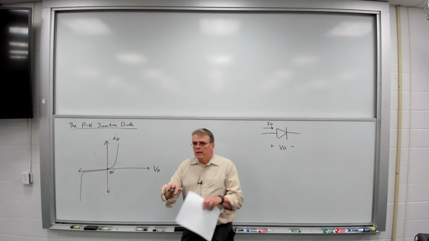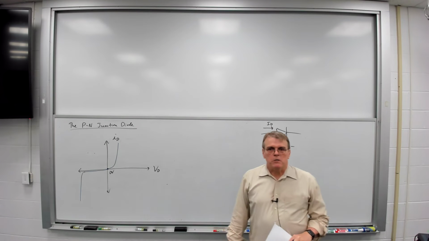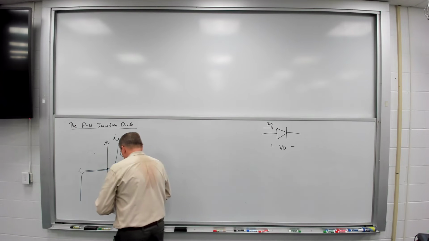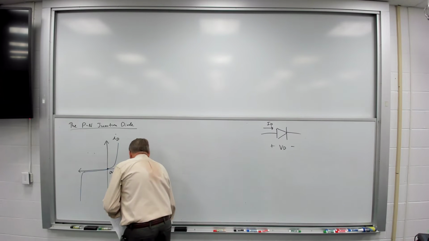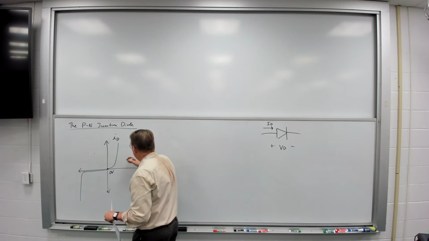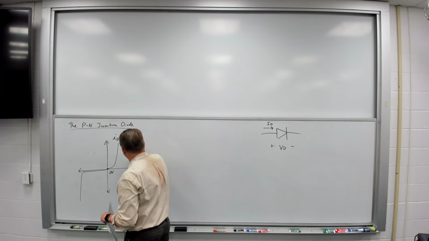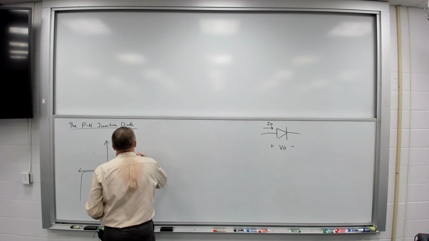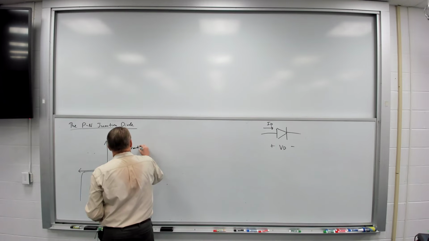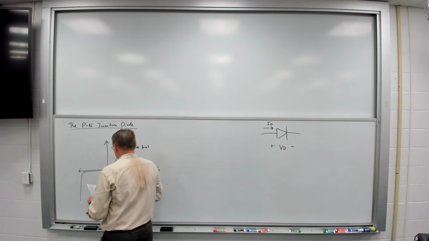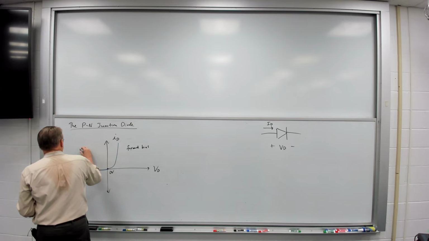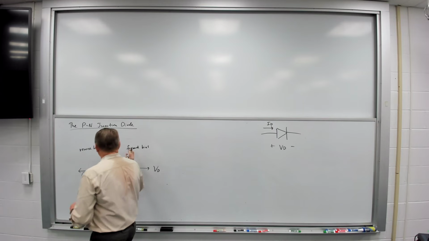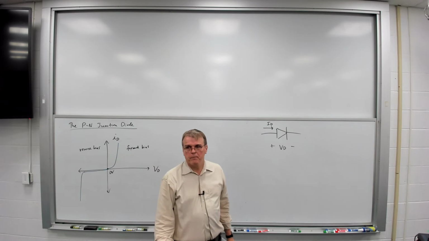Now, in some ways, I'm deliberately exaggerating some of the proportions to make things easier to read on this diagram. If VD is positive, this is our region of forward bias. For VD negative, here's our region of reverse bias. So this half versus that half of the diagram.